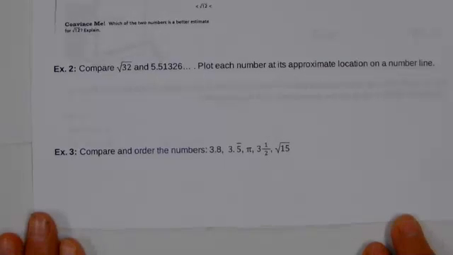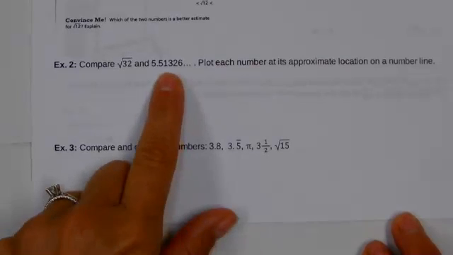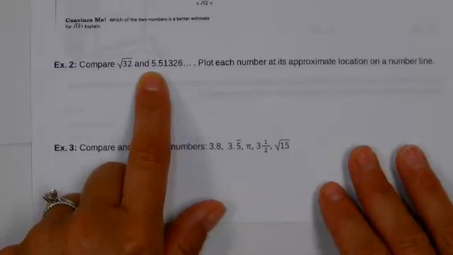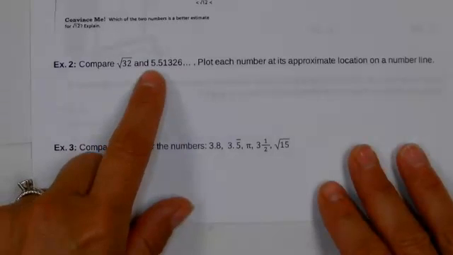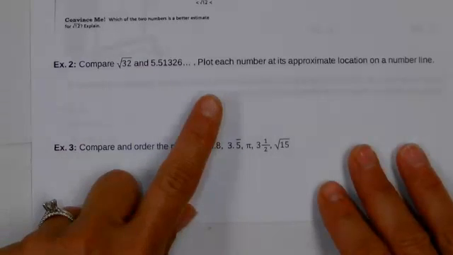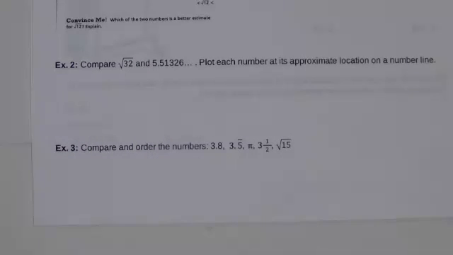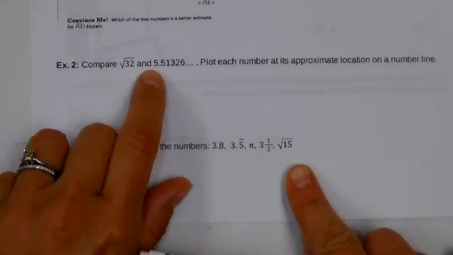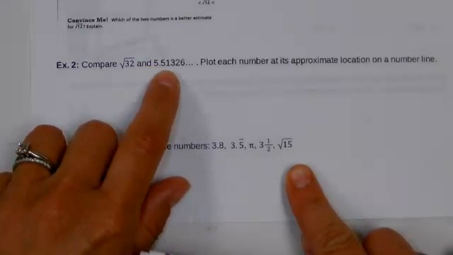Okay, in order to do this, we can plot this one, even though it's irrational, pretty easily on a number line. We can estimate where that's going to go. We know that the nearest two whole numbers are 5 and 6. So we know this is going to land about in the middle of 5 and 6 because we're at 5.51.